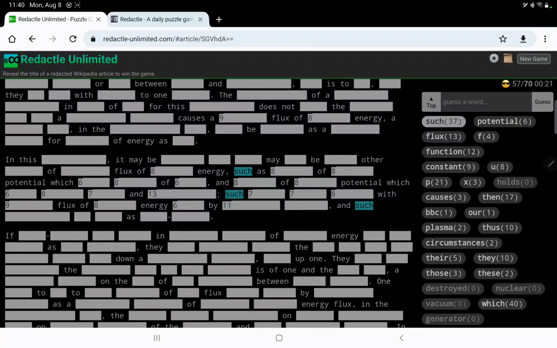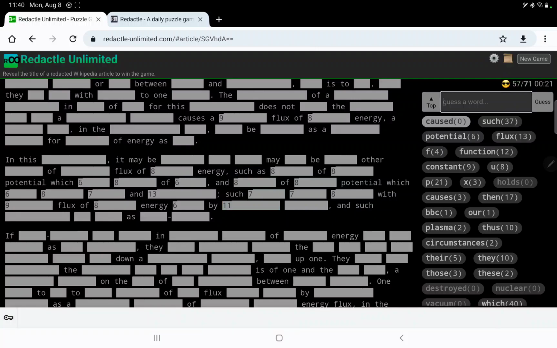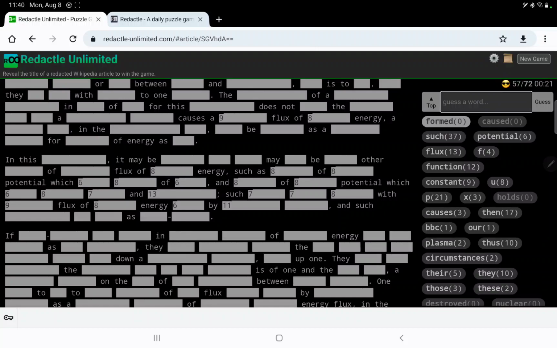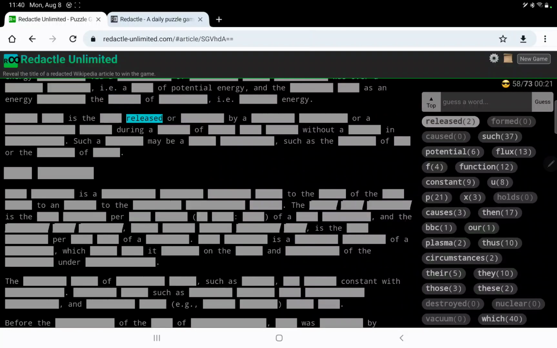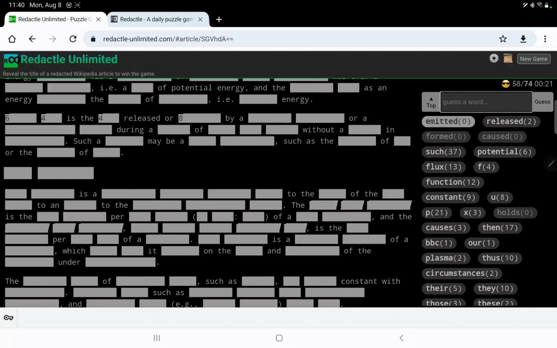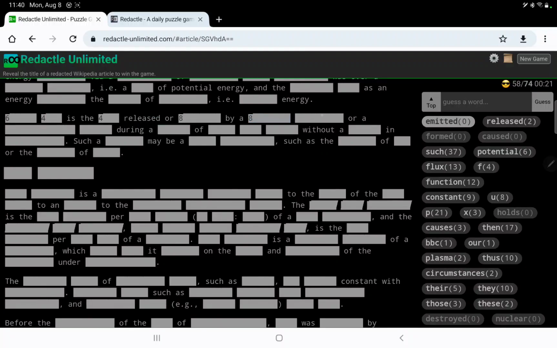I did causes, right? So let's do caused. No, no caused. Formed. No. How about released? Two released. 6, 4 is the 4 released are, no, not emitted by a 8, 9 or a 13, 6 during a 6 of 5, 4, 6 without a 6 in something.